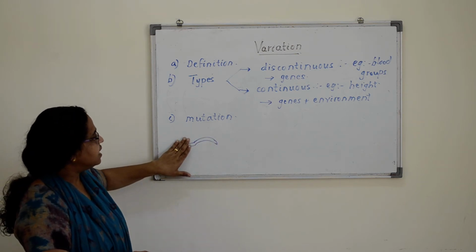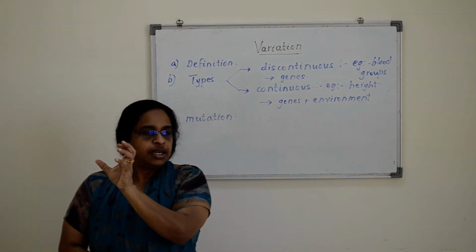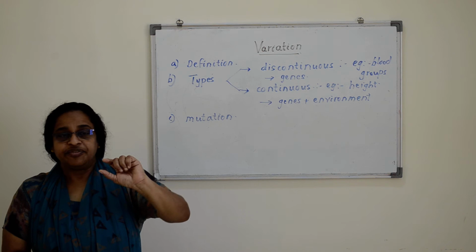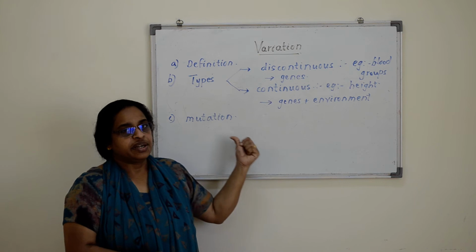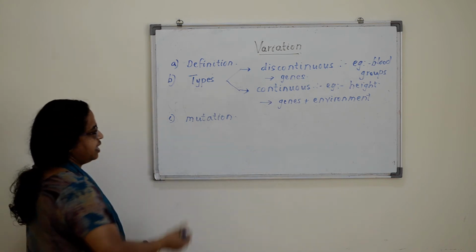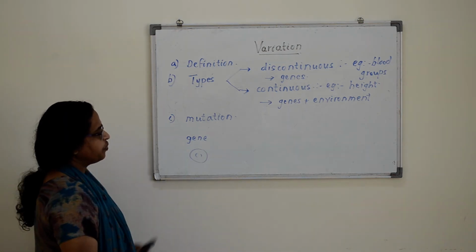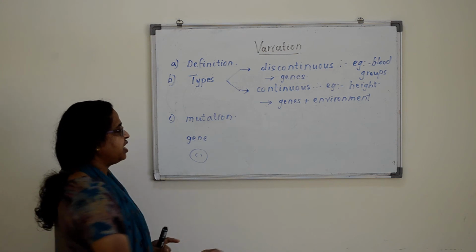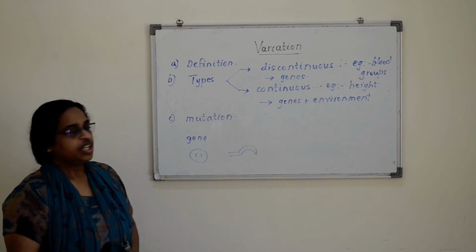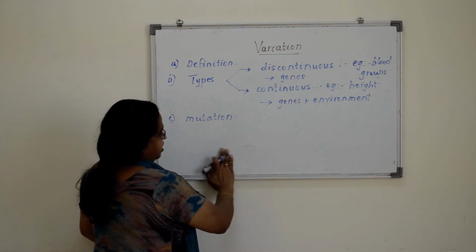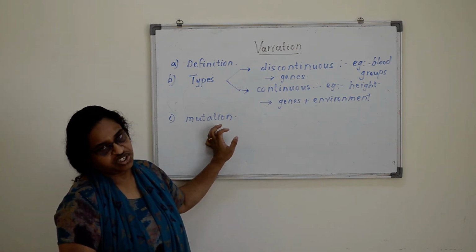There is a gene to determine the shape of red blood cells. If there is any change in the gene, then the shape of the red blood cell will be different, in this case sickle-shaped. This sudden change in the genes is known as mutation.